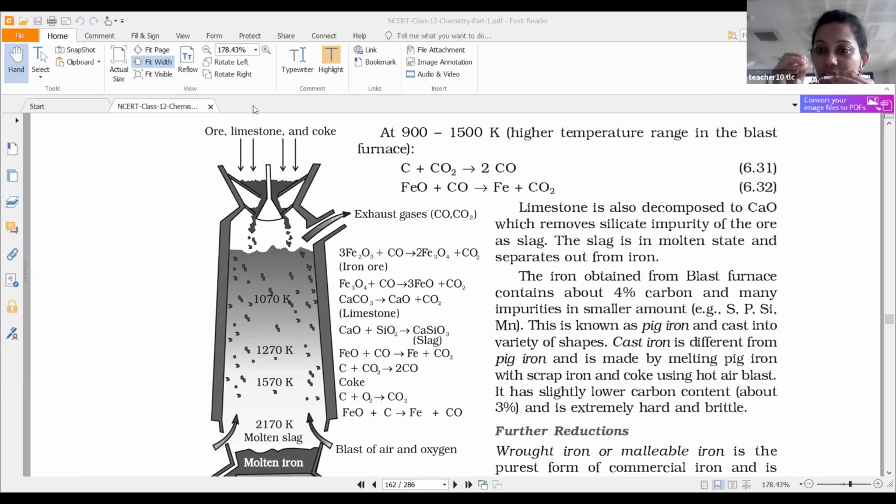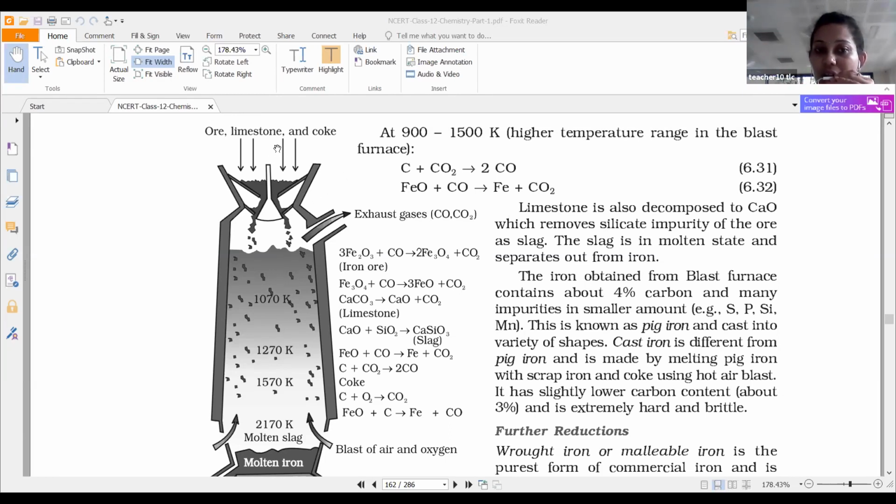Limestone has one more special name in metallurgy, that is flux. Is this clear? That flux reacts with the impurity, the gangue, and one product will be obtained. That product is called slag. So you can easily remove that impurity.